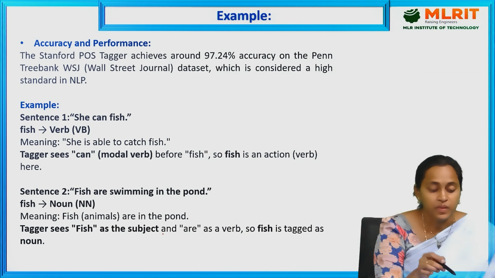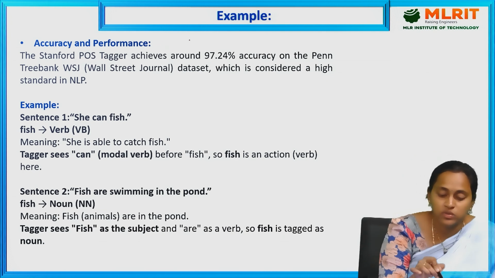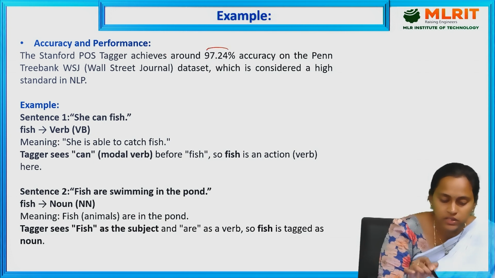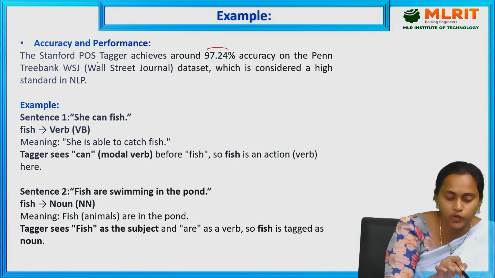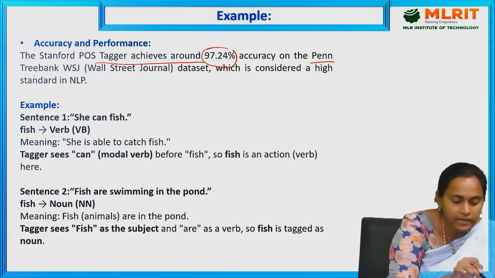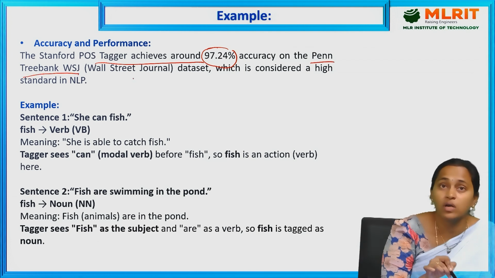Next, see the accuracy and performance. By using the POS taggers, we can find out the accuracy. That means we can improve the accuracy and performance on the sentence, right? Let us take that the Stanford POS tagger achieves some 97.2% accuracy on the Penn Treebank WSJ, that means Wall Street Journal.